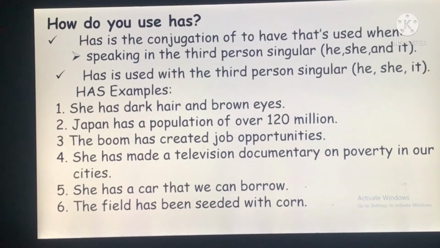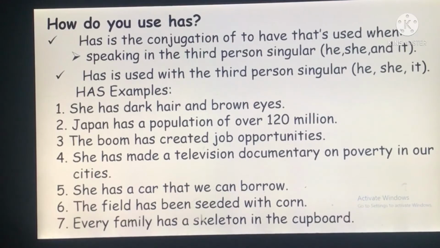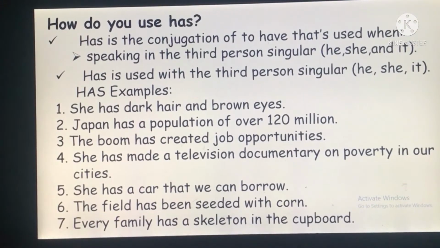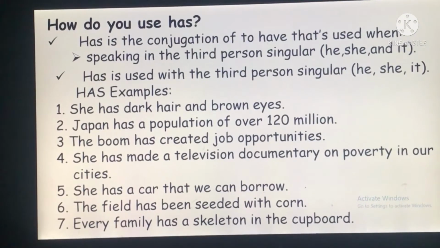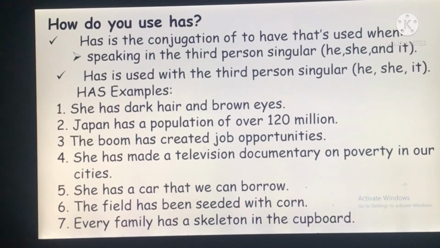The field has been seeded with corn. Every family has a skeleton in their cupboard. So as you can see, has in here is used in speaking in the third person singular he, she, and it.